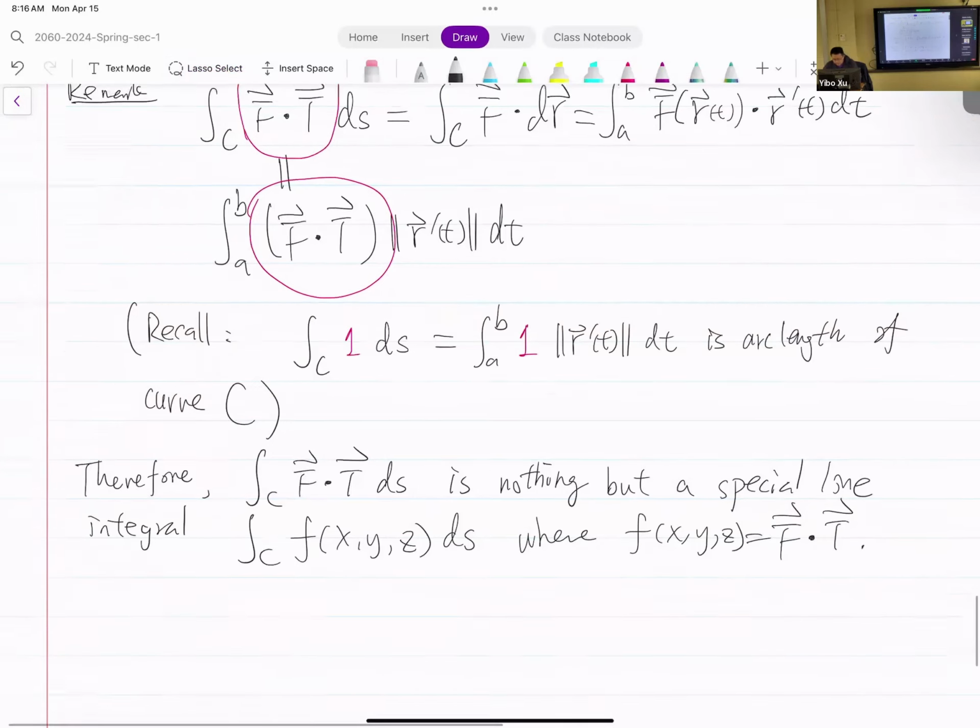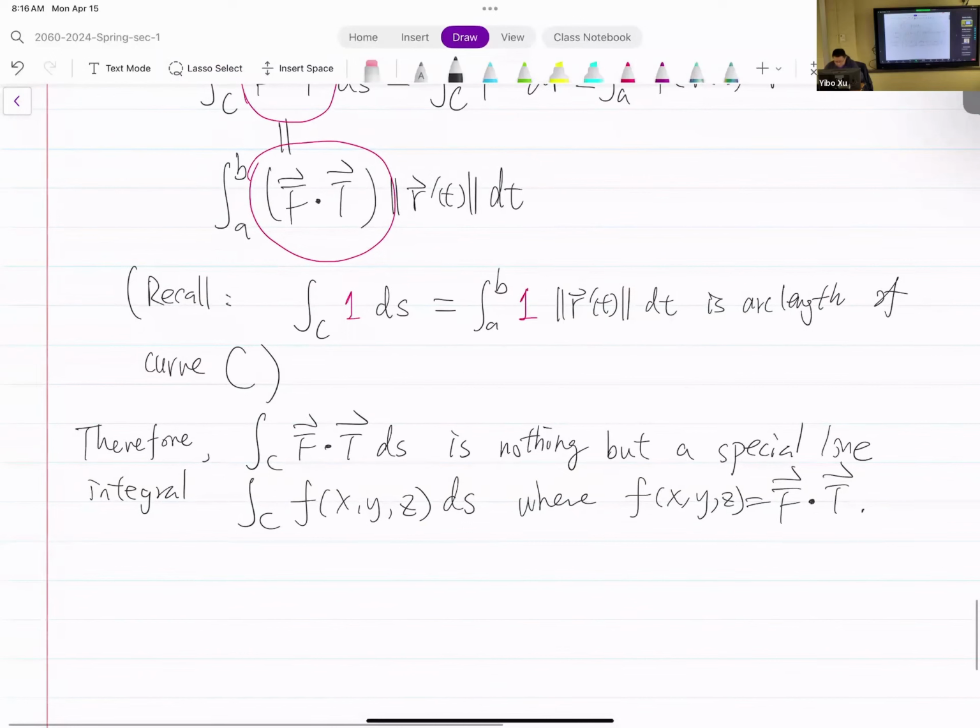So this way we can define a line integral exactly using the general line integral definition.